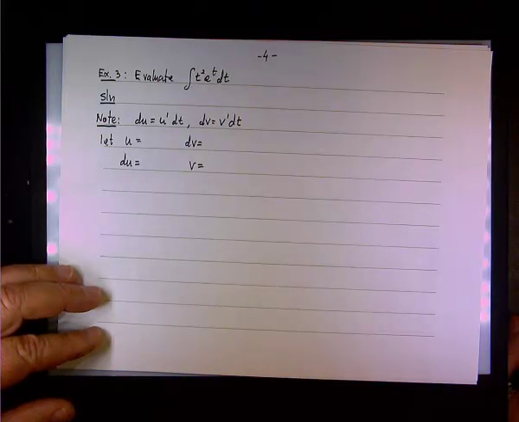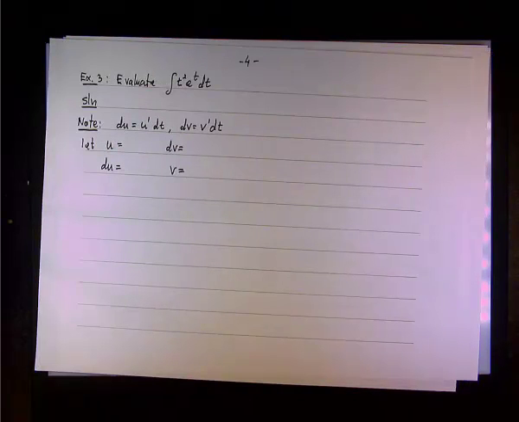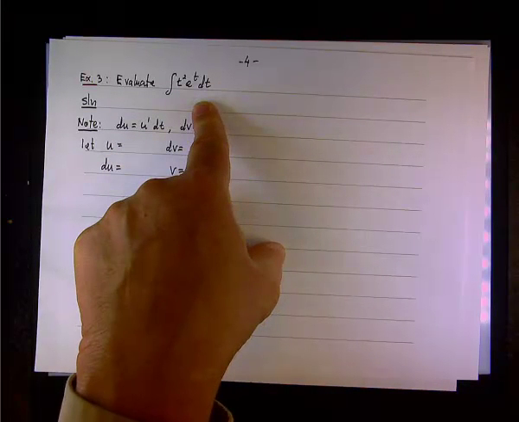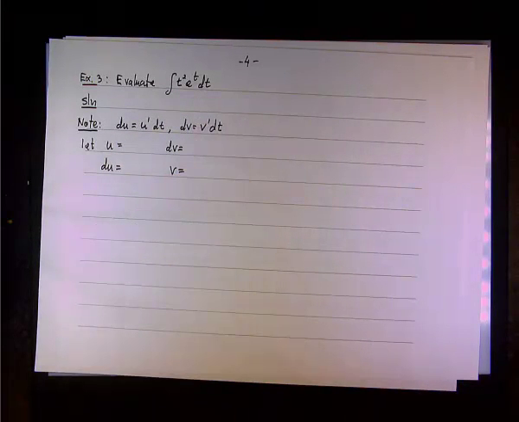What will be the choice of u and dv? There are two possibilities, right? I'll take a vote here. I want you to participate, no absent. Choice A is choose u equal t squared and dv equals e to the t dt. How many think this will be the right choice?